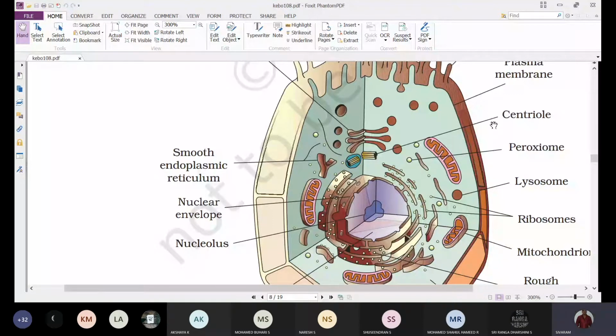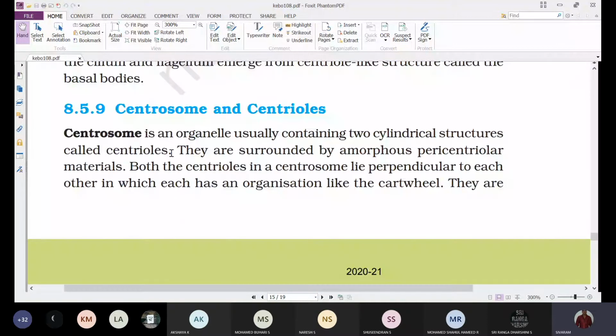Centrosome is an organelle usually containing two cylindrical structures called centrioles. So a pair of centrioles is present, enclosed inside the cell organelle called centrosome.